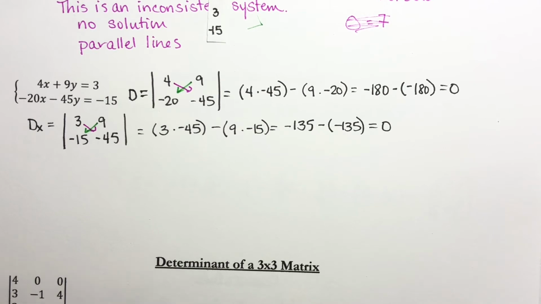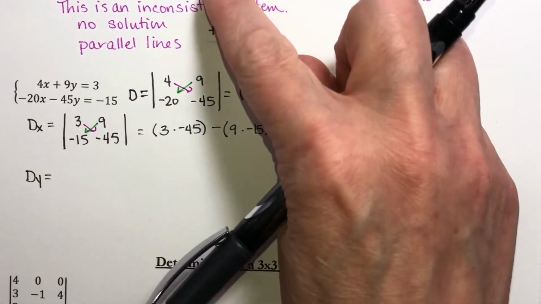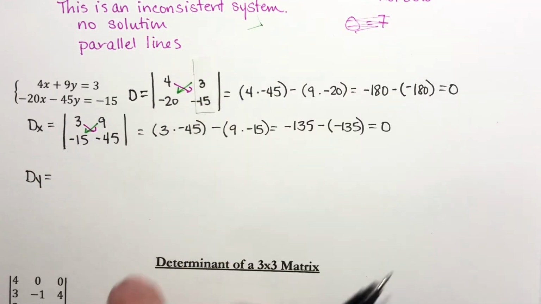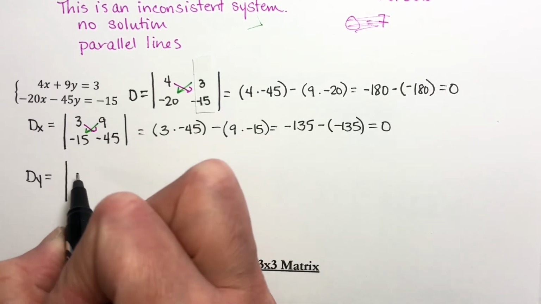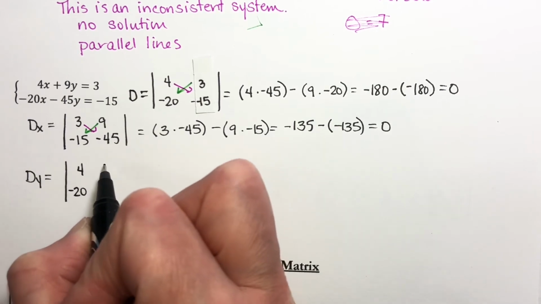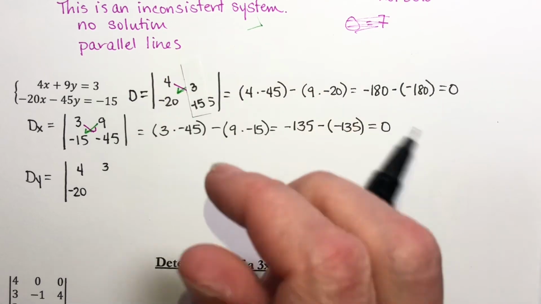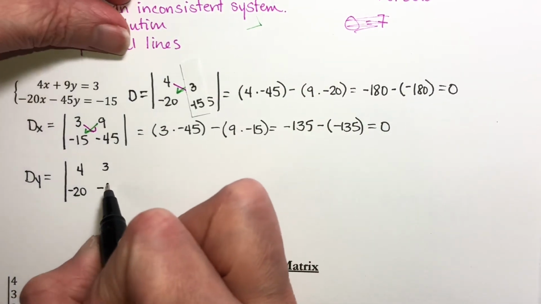So far, it looks like I may have the same line, but again, it all depends on Dy. If Dy is anything other than 0, I have an inconsistent system. So let's find Dy. For Dy, we cover up our y's instead of our x's. So what I need to calculate is this determinant for negative 20, 3, 3 and negative 15 right here.